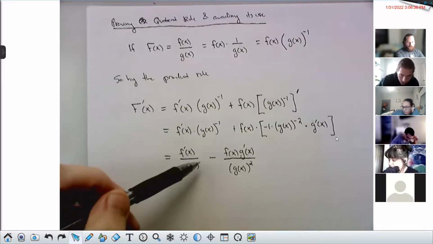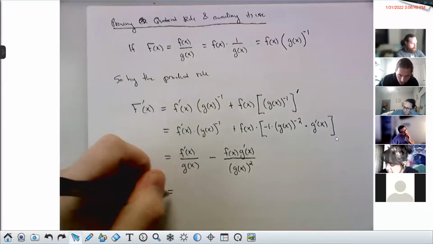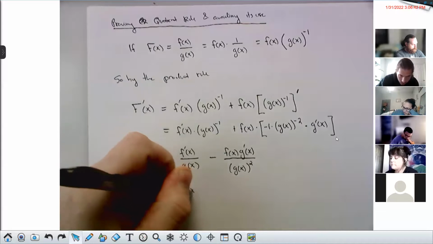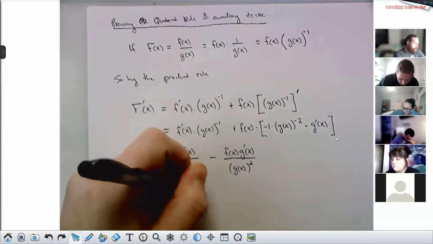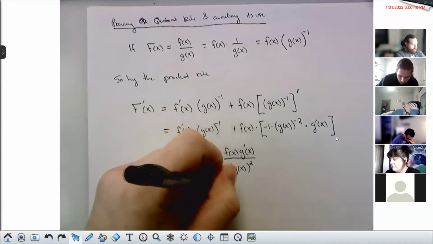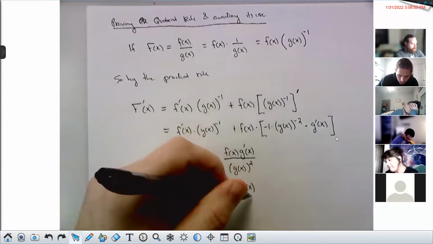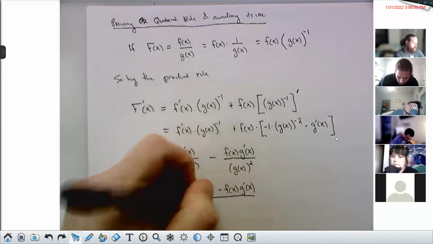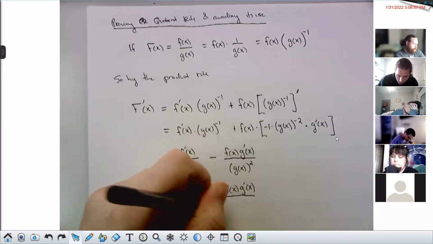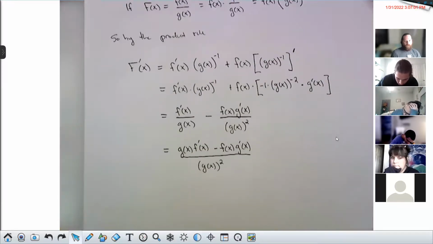So if you multiply by g of x over g of x in this first fraction, you get g of x times f prime of x minus f of x times g prime of x, both of which now have denominator g of x all squared. So you can write that as the single fraction g f prime minus f g prime over g squared, which is the quotient rule.